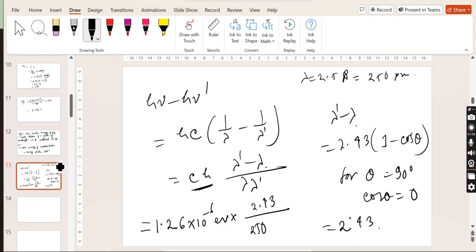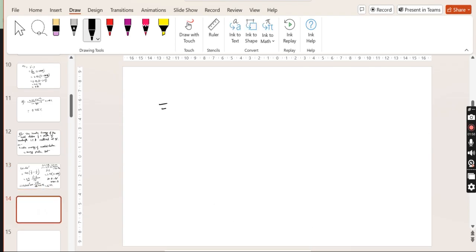And lambda dash will be 250 plus 2.43 picometer, so that will be 252.43. All of this will be equal to 48 electron volt.